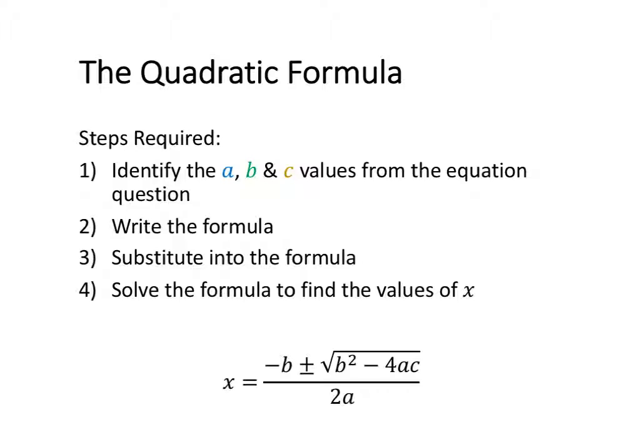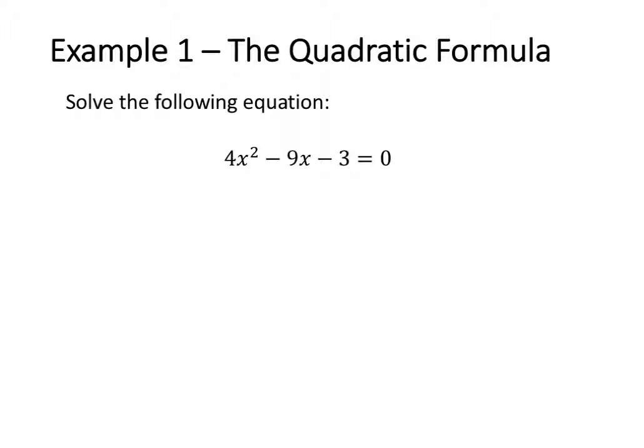So let's have a look at a couple of examples of how we solve quadratic equations using the quadratic formula. So in my first example, I want to solve the equation 4x squared minus 9x minus 3 is equal to 0. So my first step is going to be to identify my a, b, and c values.